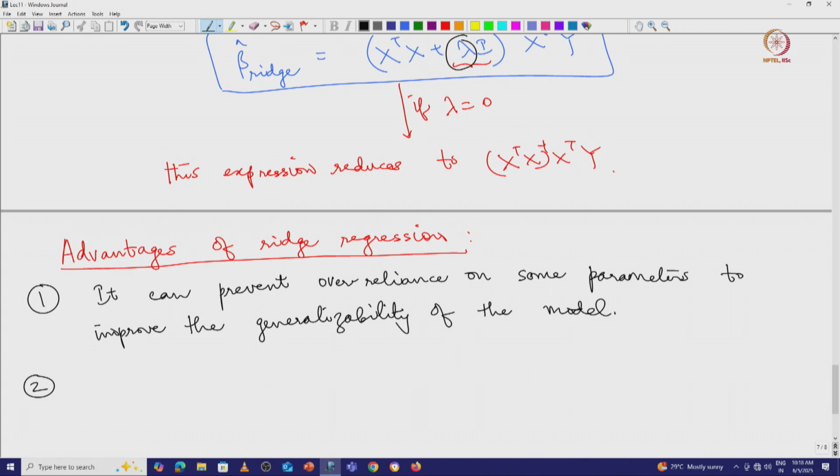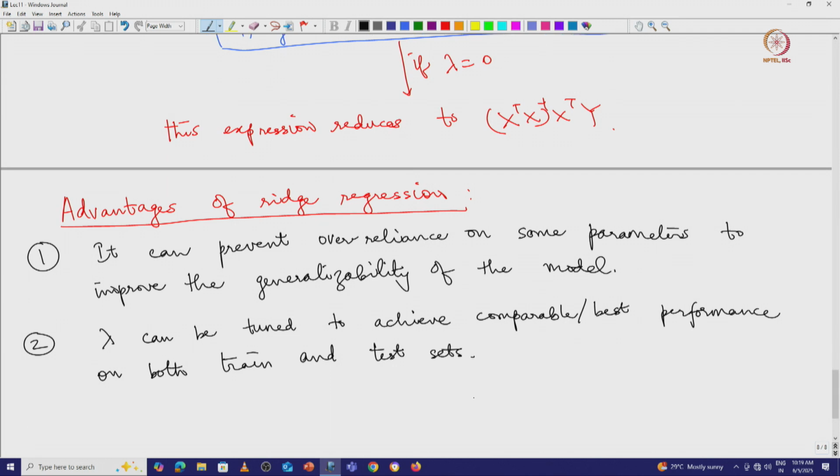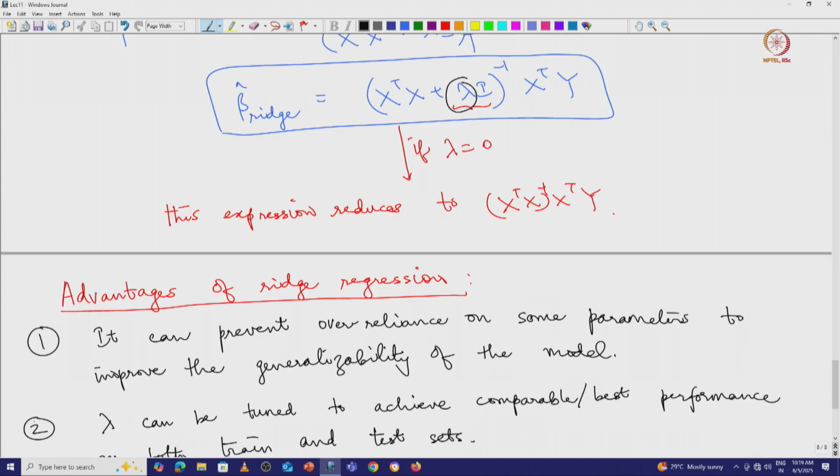So, in this case, lambda is like a hyperparameter, and lambda can be tuned to achieve comparable performance or best performance on both the train and test sets.